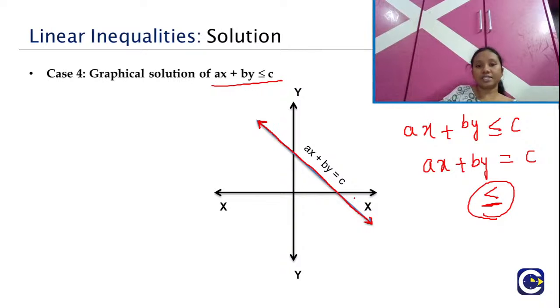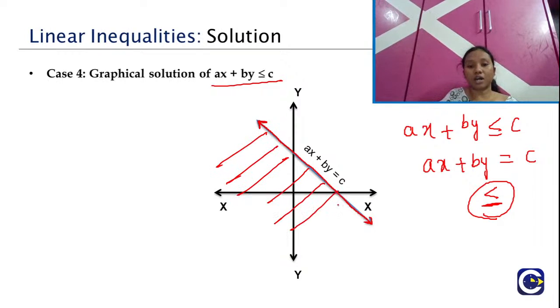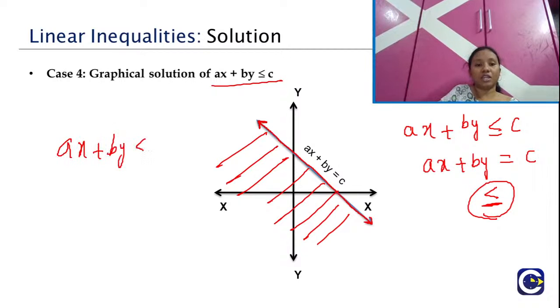Right. As this is included and the inequality is less than, that means along with the points lying on this line, the entire lower half part will also be my solution of this inequality ax plus by less than equal to c. So here we have seen our four cases.